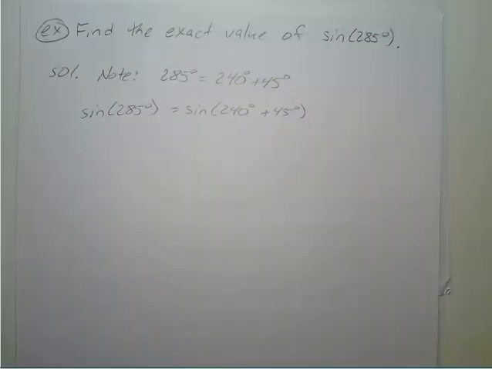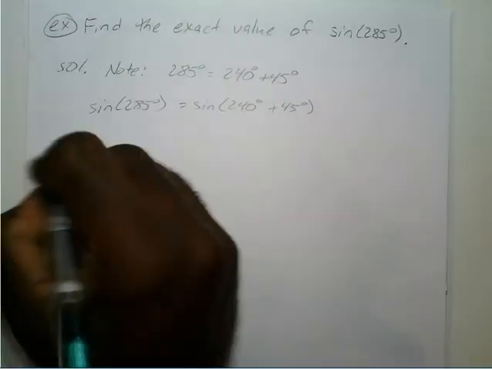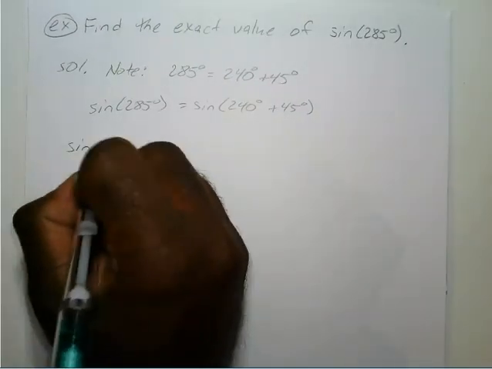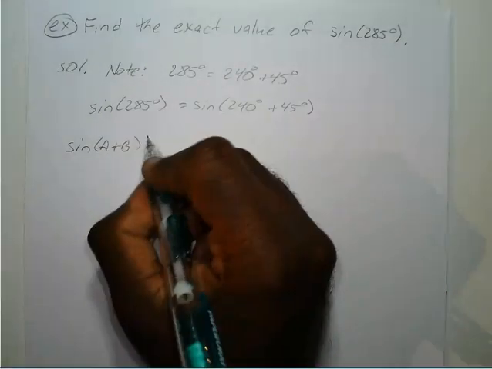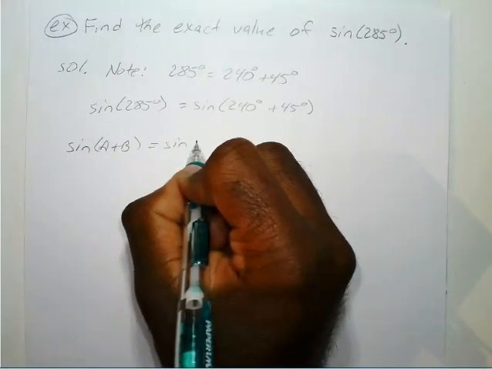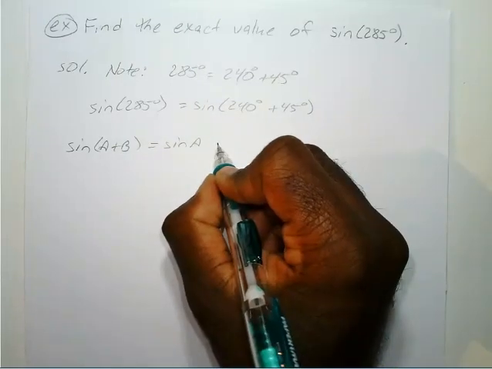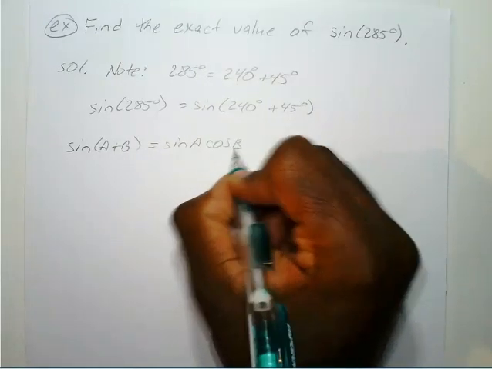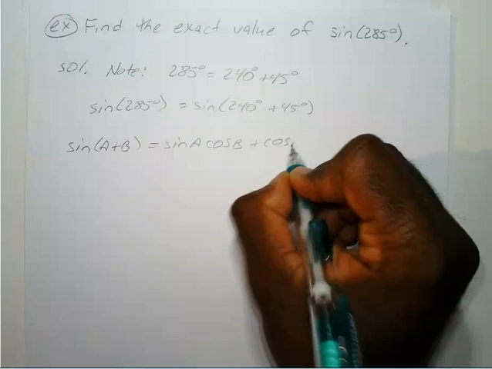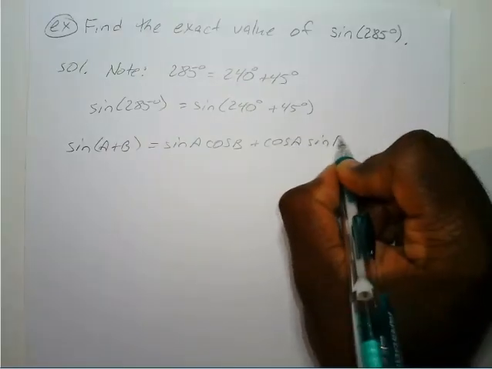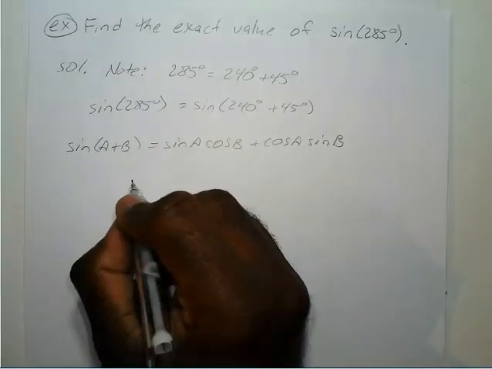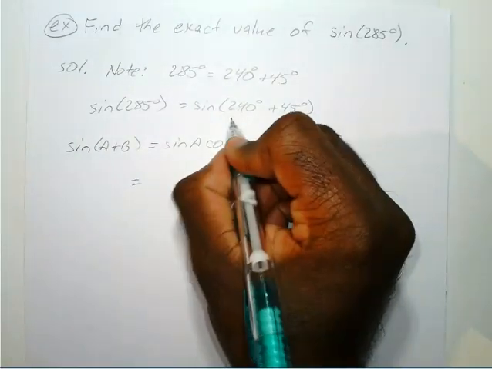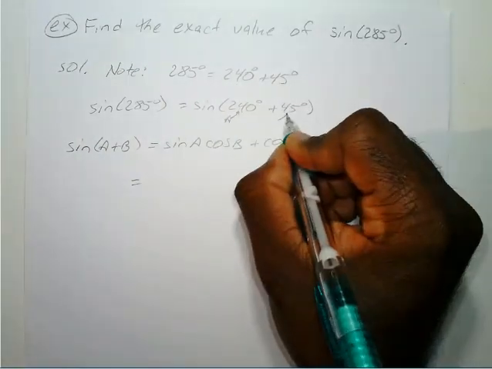Now that we have it separated, we can go ahead and use the sine of a plus b formula, which is sine of a times cosine of b plus cosine of a times sine of b. Remember this is your a and this is your b.